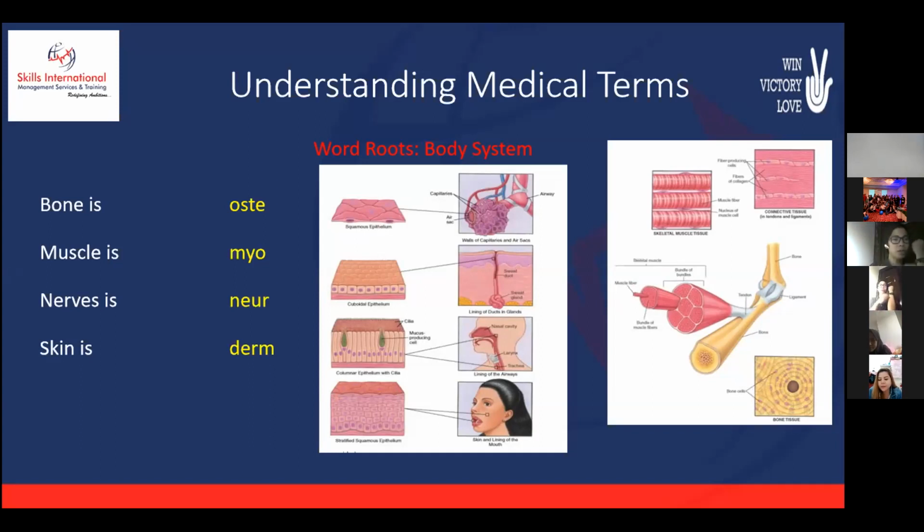Nagiging porous na siya, yung parang either may bitak-bitak or yung parang meron na siyang mga holes na maliliit hanggang maging brittle siya. So, yung osteo doon, syempre it's all about bones. Yung porosis, pores. So, ano bang meron sa pores? Hindi siya solid. Meron siyang butas. So, something like that. So, muscle, ang root word niya ay myo.